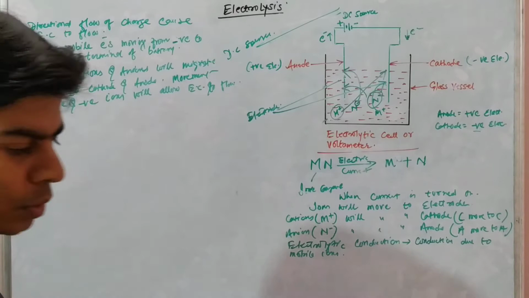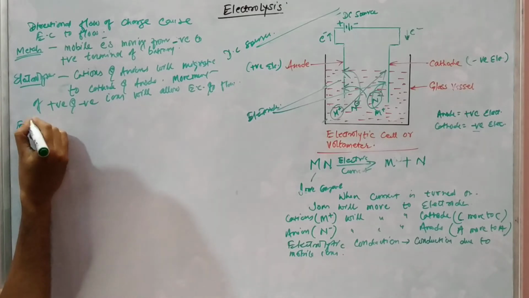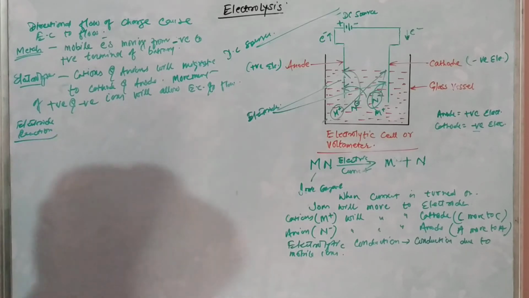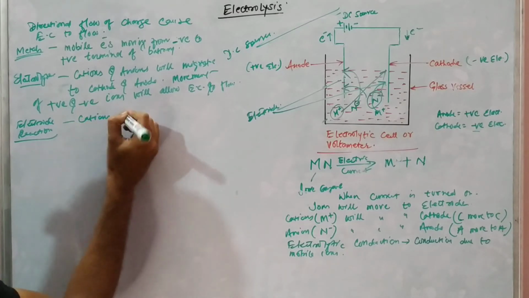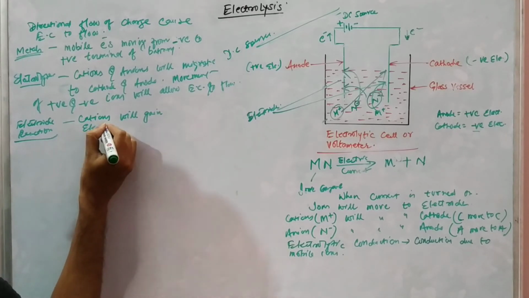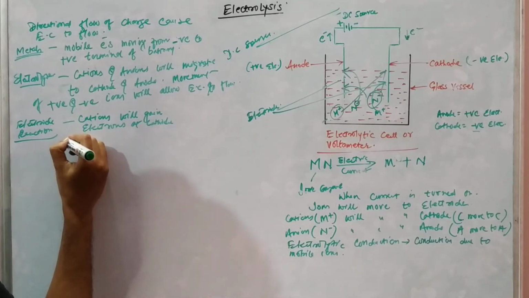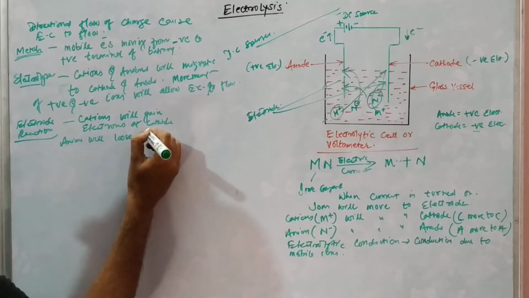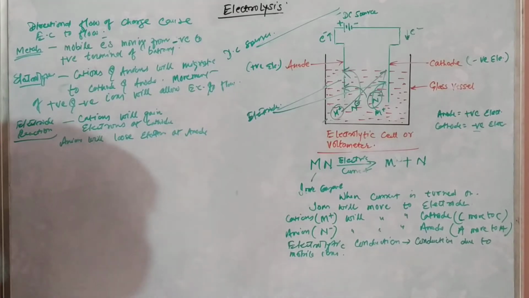And these are known as electrode reactions, right? So these are electrode reactions in which cations will gain electrons at cathode, right, and anions will lose electrons at anode, right?